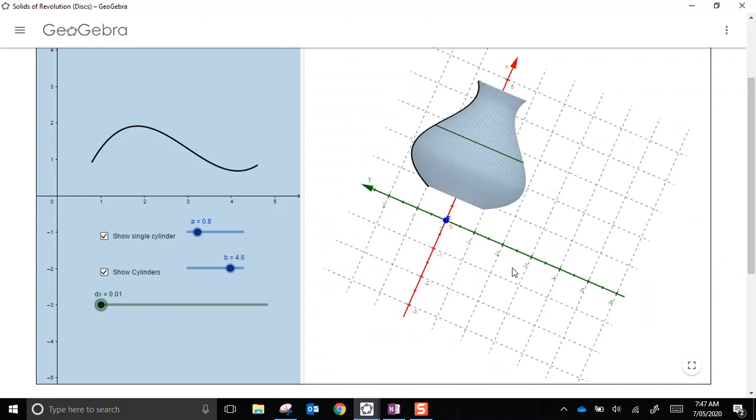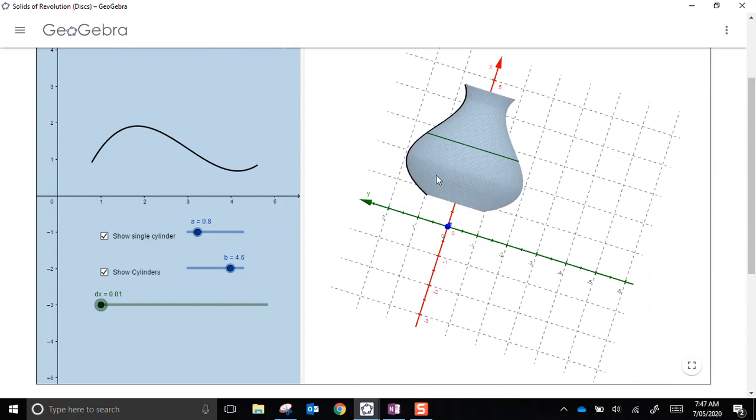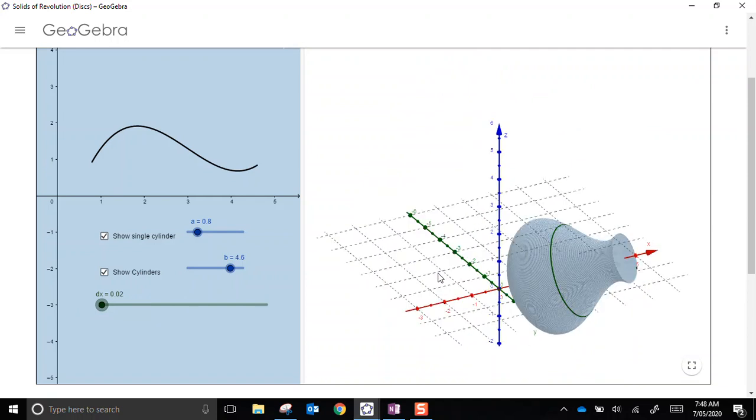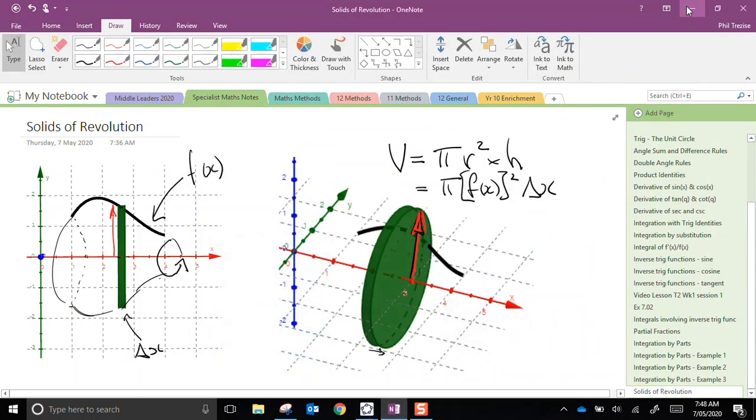If we make them exceedingly small, then the shape follows exactly the function. My cylinder has become just a tiny thin little slice, and I would be adding an infinite number of these little slices together as delta x approached 0, as it became infinitesimally small. So that sounds exactly like calculus to me.